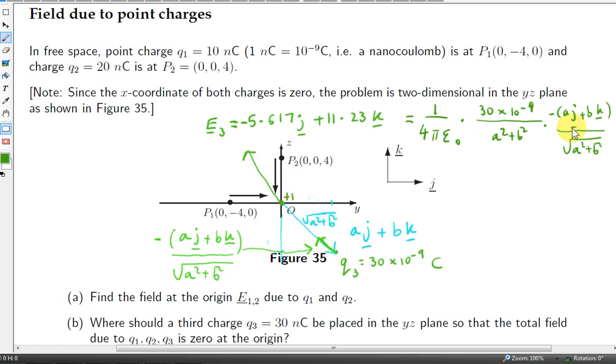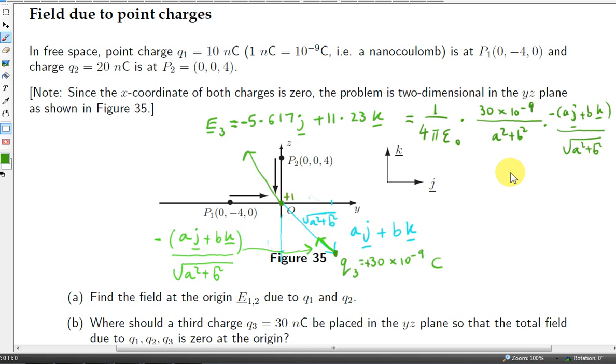So from the previous video we saw that the electric field at this point is given by the constant 1 over 4 pi epsilon 0, referred to as capital K, times the charge responsible for the field in coulombs, which is plus 30 by 10 to the minus 9 coulombs, over the distance squared of the charge to the point we're interested in.